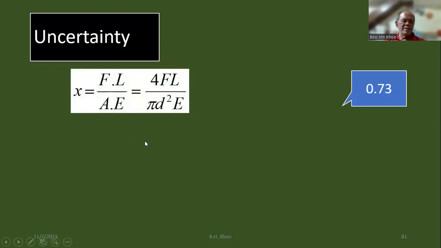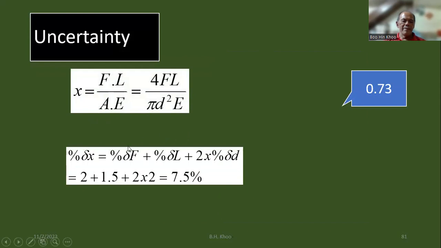Okay, go back to the formula again. Since you want to find the uncertainty in the extension, replace our area with pi d squared over 4. The percentage uncertainty in x equals the percentage uncertainty in F, plus the percentage uncertainty in L. Four is a constant, pi is a constant, so they don't have uncertainty.